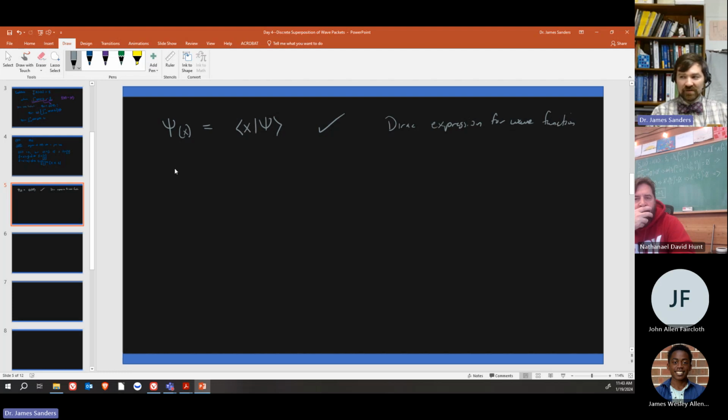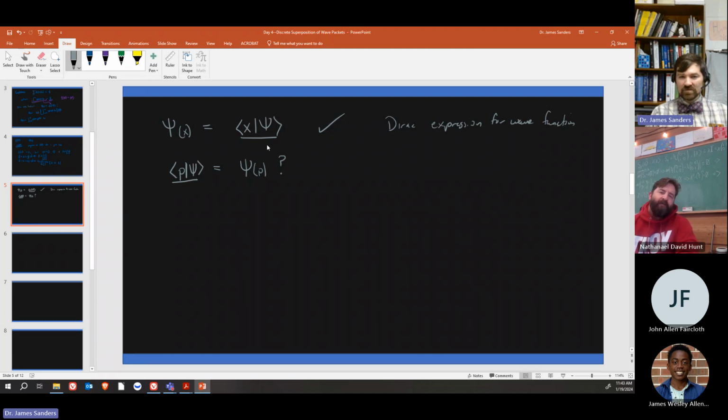So does it follow that this right here is psi of p? Put differently, are this and this really the same function but with different arguments?